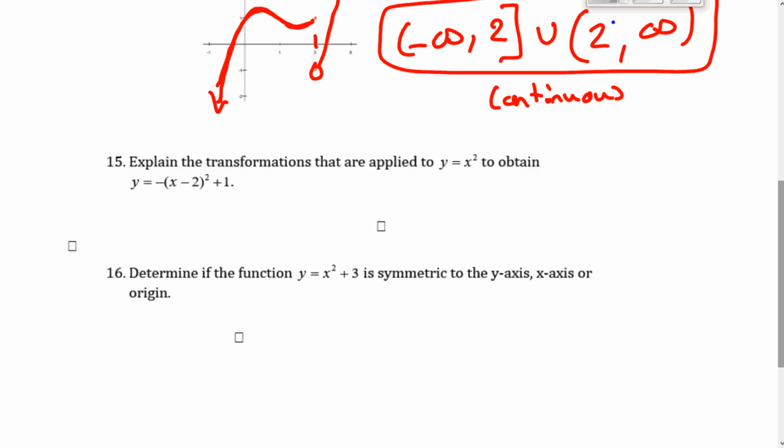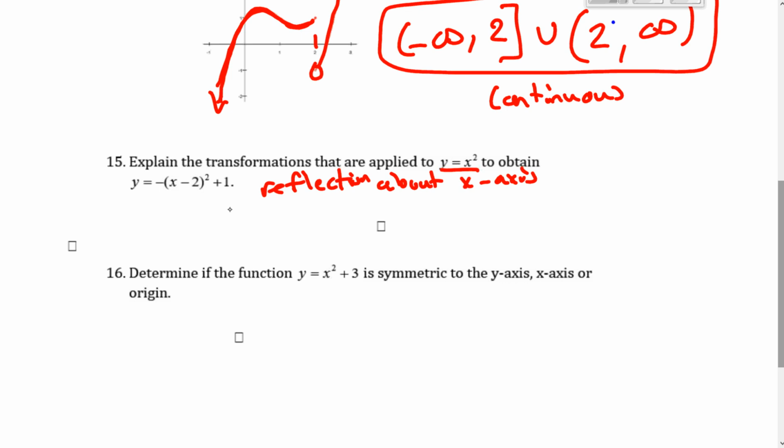Okay, then we're explaining the transformation applied to y equals x squared, this parent function. So the negative in front reflects it about the x-axis.